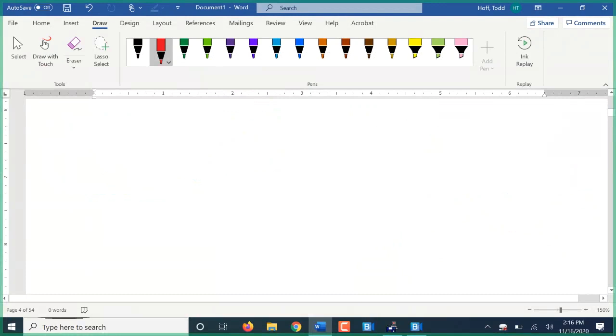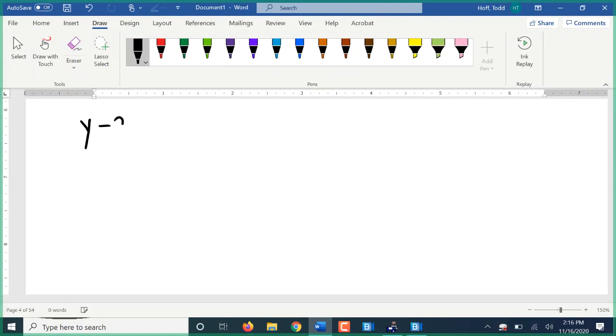Now, not all of our equations are going to be so nice and neat like that. We might have y minus 2 equals 3/4 x minus 1, and 2y equals x plus 4.